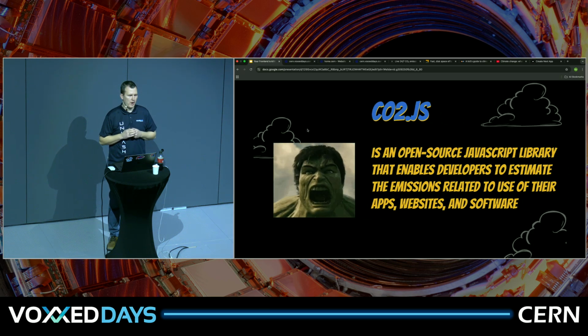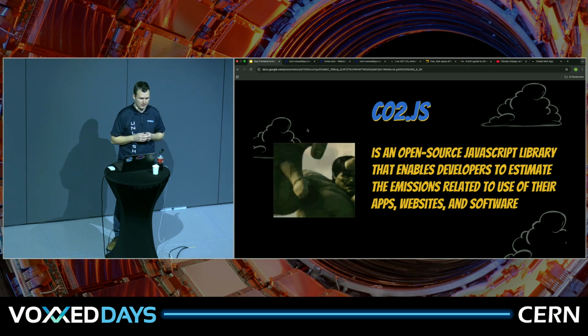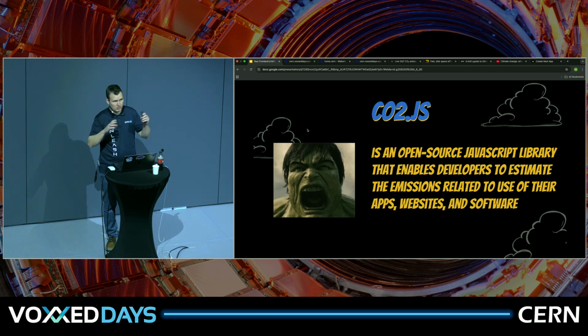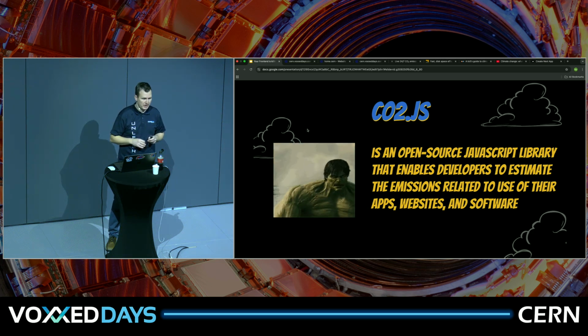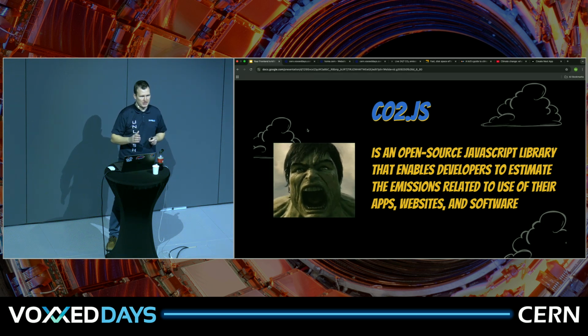We are going to measure our CO2 with CO2.js, and it's from the Green Web Foundation. It's an open source library you can use. They have a model, and they measured the whole data center, and they measured every byte.